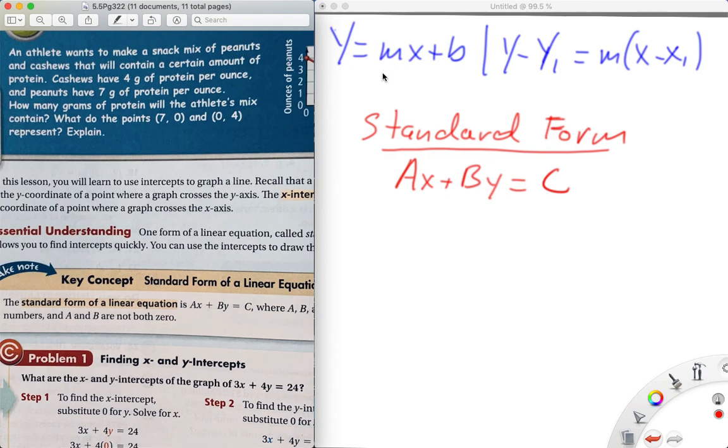Okay, here's the deal. When they say a, b, and c are real numbers, it's a little misleading.